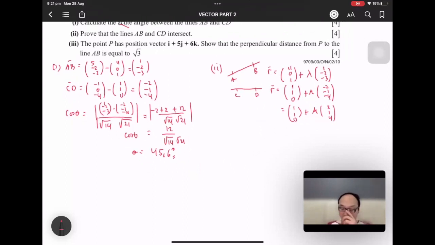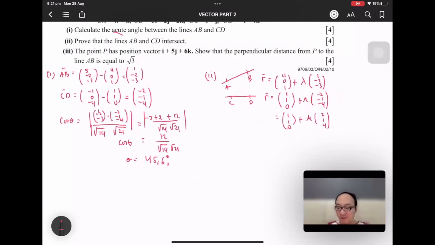And then find the coordinates. So the coordinates are 4 plus lambda, minus 2 lambda, and 1 minus 3 lambda. And from line CD, I have 1 plus 2 mu, 1 plus mu, and 4 mu.